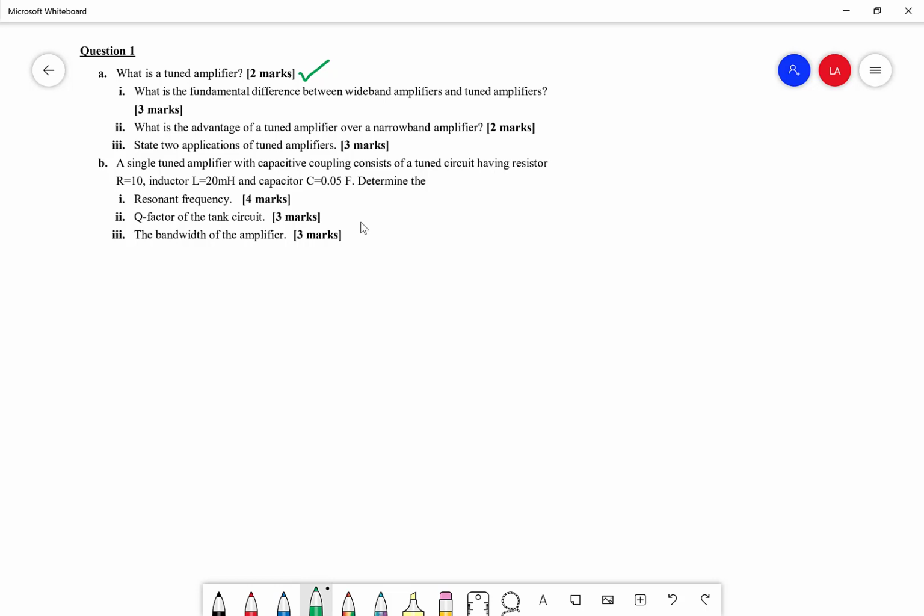A tuned amplifier is an amplifier which involves a resonant circuit, okay? And its intended purpose is basically to do selective amplification within a narrow band of frequencies.